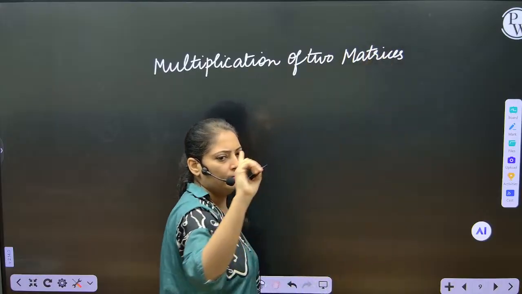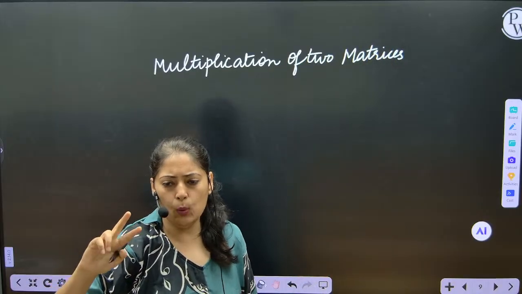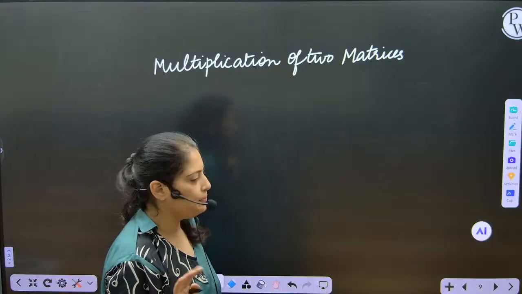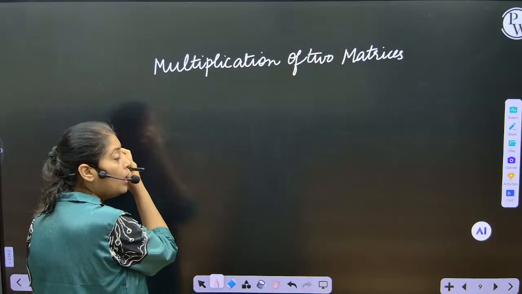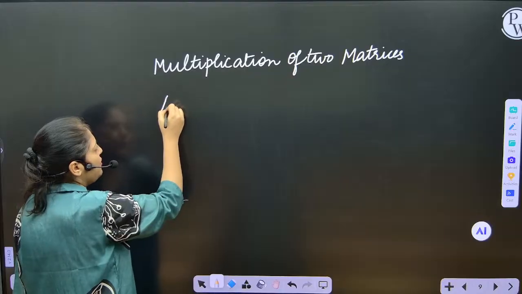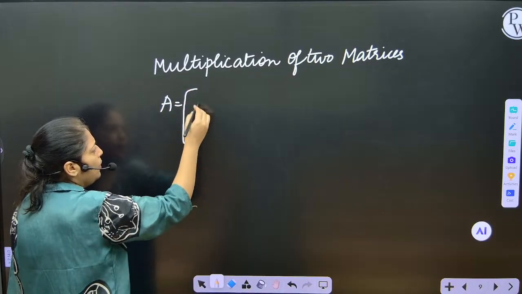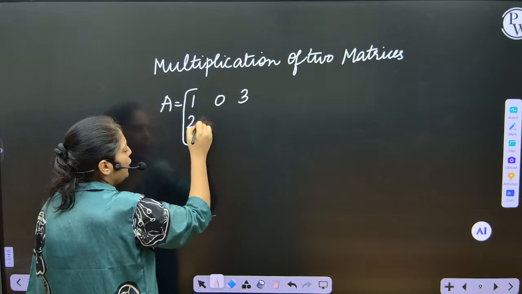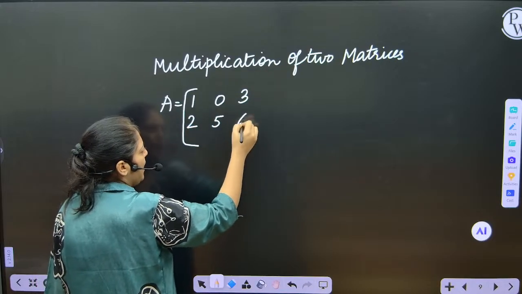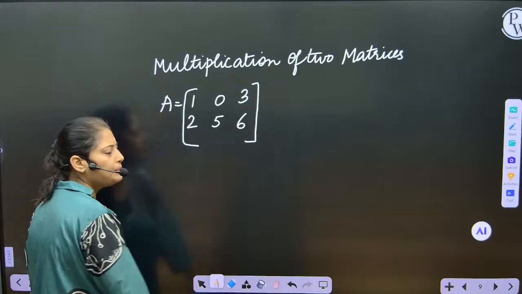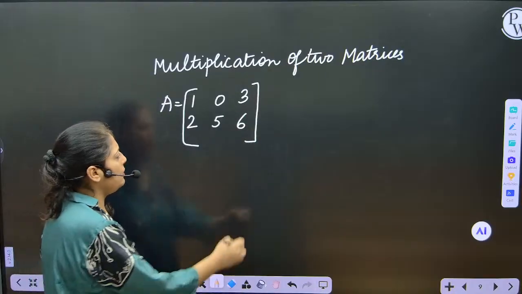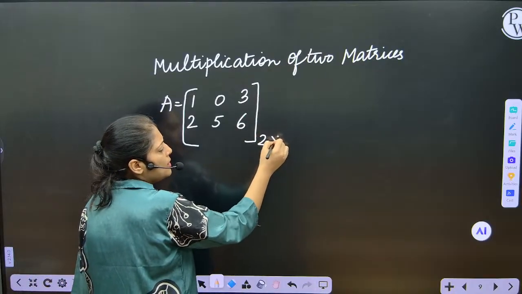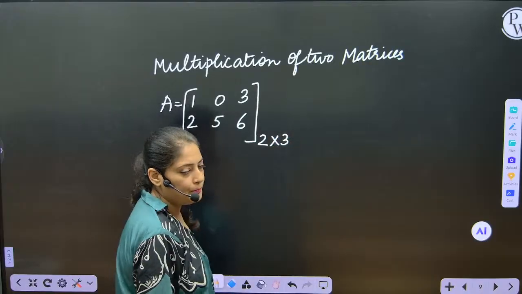Singular is matrix, plural is matrices. Suppose I am taking a matrix: 1, 0, 3, 2, 5 and 6. Order is what? 2 rows, 3 columns.